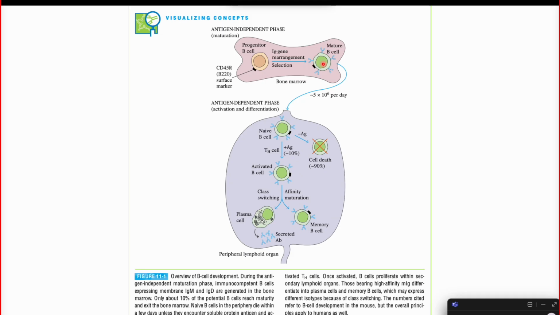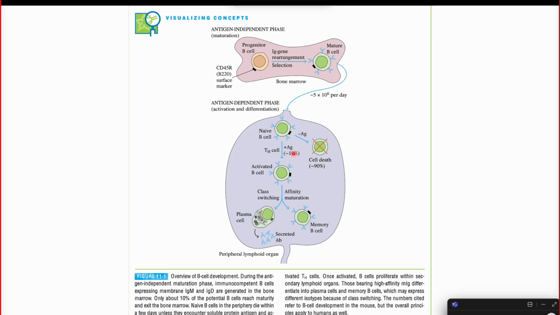This mature B cell will then come to the peripheral lymphoid organ. Here in the peripheral lymphoid organ, you know there will be follicular zones or dark zone of the germinal center. So the mature B cell, which has rearranged heavy chains and a preformed light chain as well, now enters the peripheral lymphoid organ.